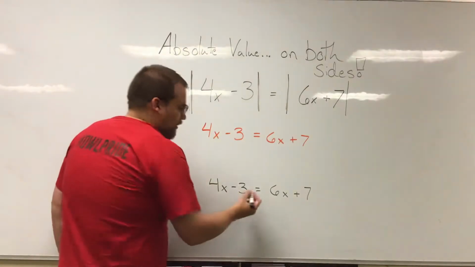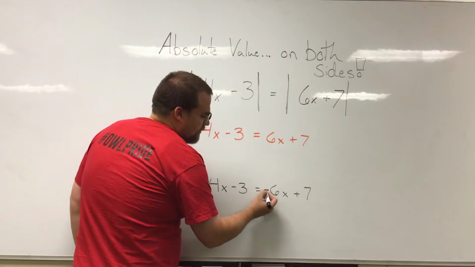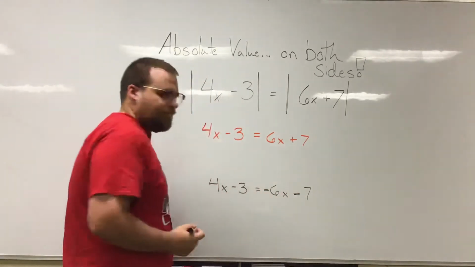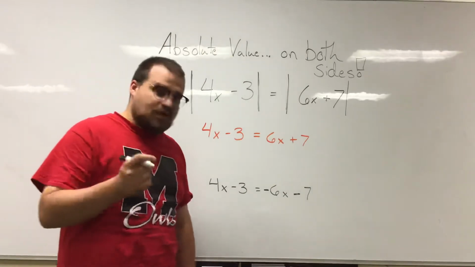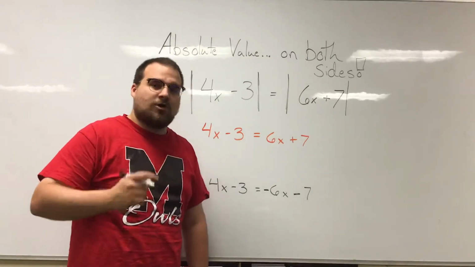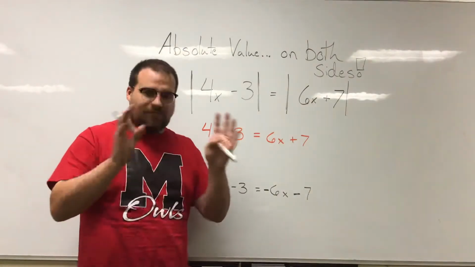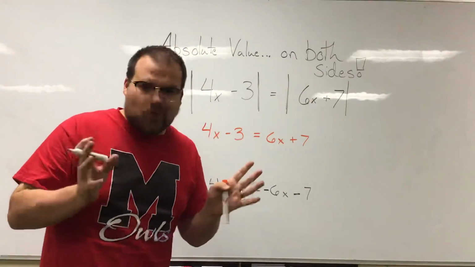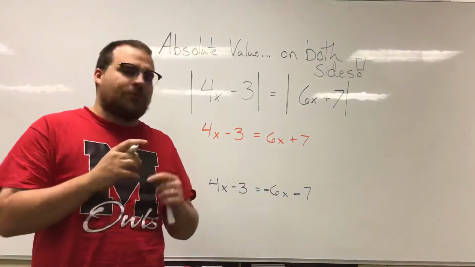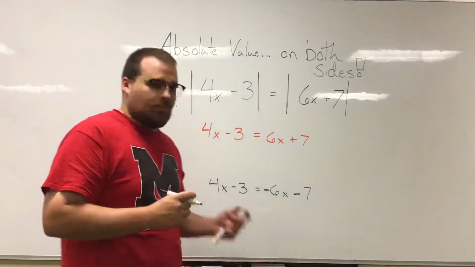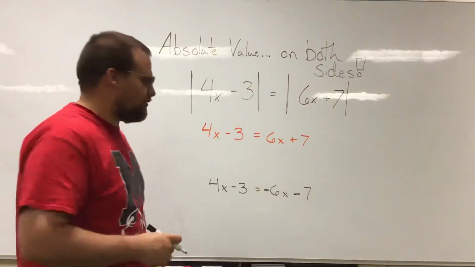That means we're going to make it a negative 6 and a negative 7. Now, if one of those signs was already negative, you would make it positive. You flip the signs. You change every sign on the second side of that equation. Positive to negative, negative to positive.